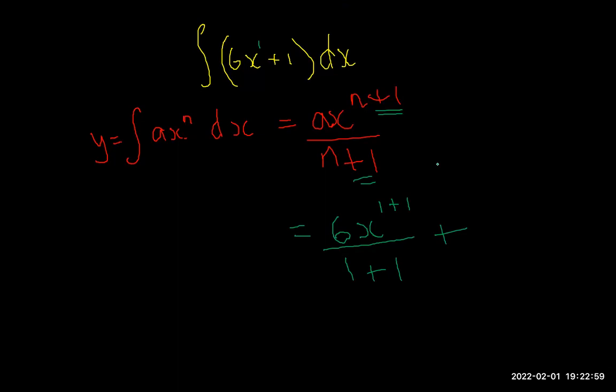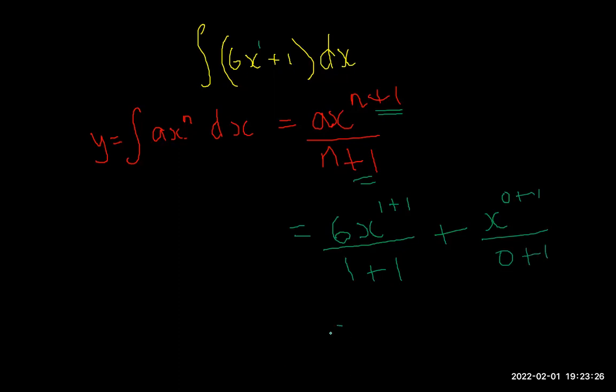Well, you need to recall from indices, anything raised to the power of 0 is 1. So therefore, I can say 1 is the same as saying x to the power of 0. Then I just follow the rule. I have to add 1 to the index. Then it's n, the original power, which was 0, plus 1.